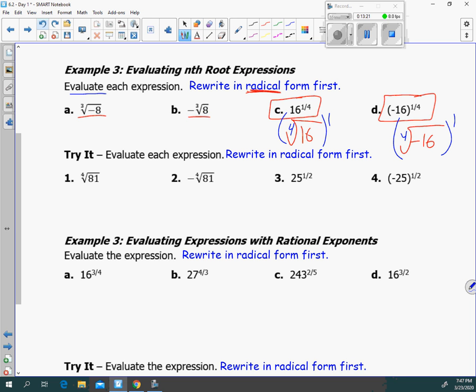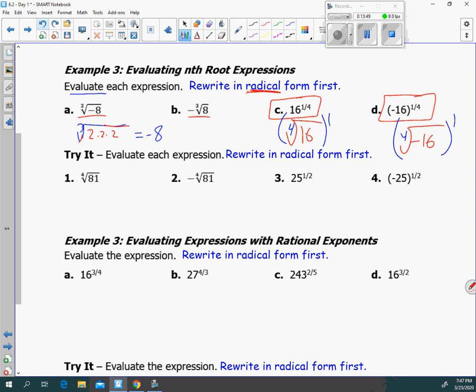So anyways, if this is in radical form, that means the cubed means that it's something times something times something that's going to give me the number negative 8, right? And so can you think and just kind of brainstorm what might that something times something times something be? Well, hopefully you guys can think through, hey, I think 2 times 2 times 2 is 8, right?